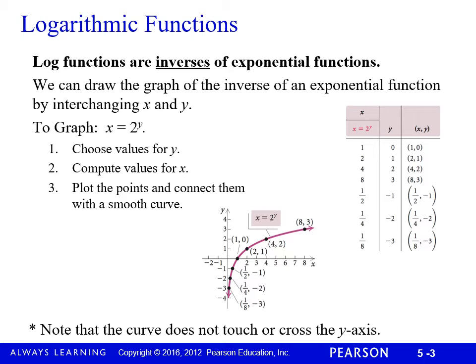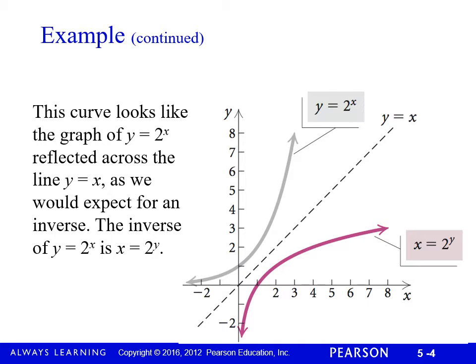This is essentially the graph of a log function, and we'll see something in a minute to that effect about how x cannot be negative here. Okay. So you can see that this curve looks like the graph of y equals 2 to the power of x, and it's reflected across the line y equals x, as we would expect for any inverse.